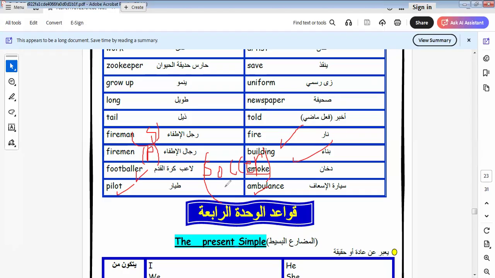It is right. Soccer is written like this. Soccer means footballer, means foot player also. Here we have pilot, and here ambulance.